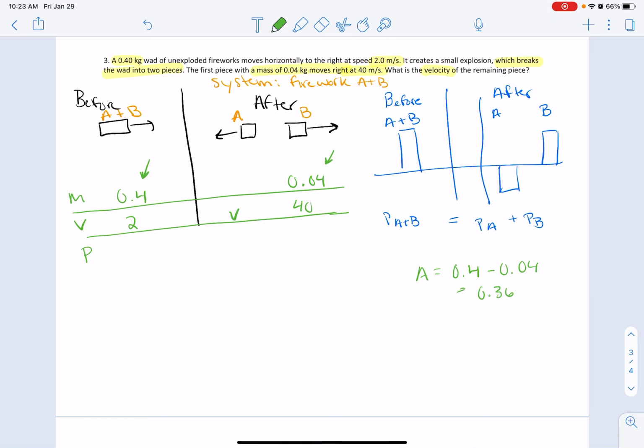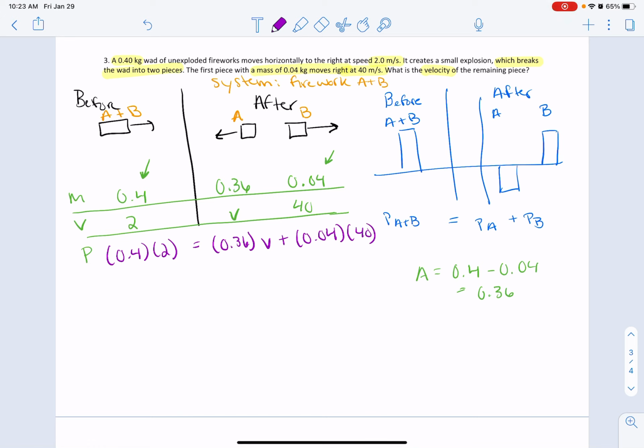Okay, so our mass of A is 0.36. Okay, now go ahead and make an equation for this. Let's do one together. So we have 0.4 times 2 equals 0.36 times V plus 0.04 times 40. We're trying to solve for V.